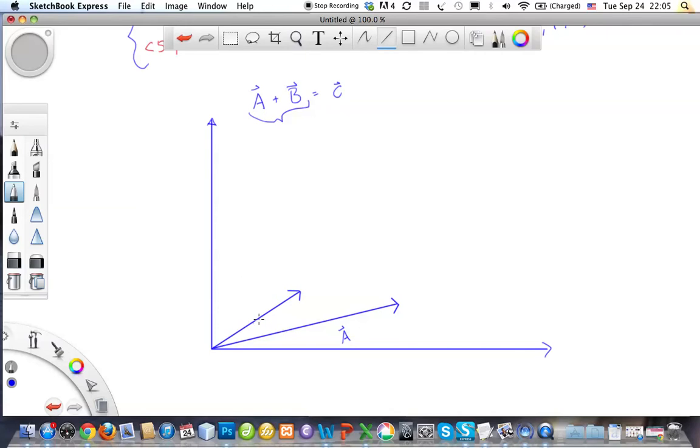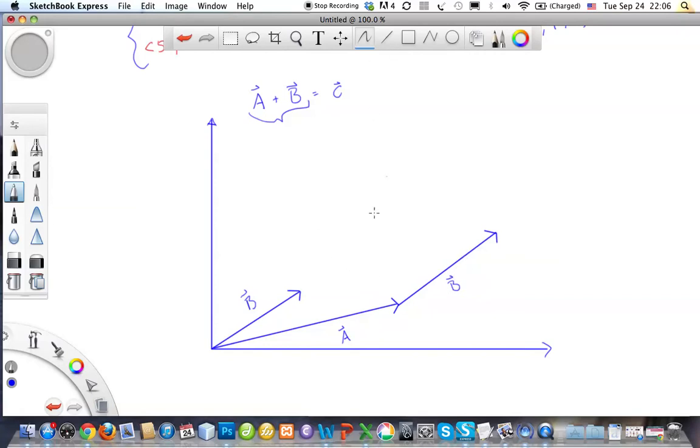It's going to be pointing in the same direction, with the same length, same magnitude. So this is my vector B, and this is also my vector B.